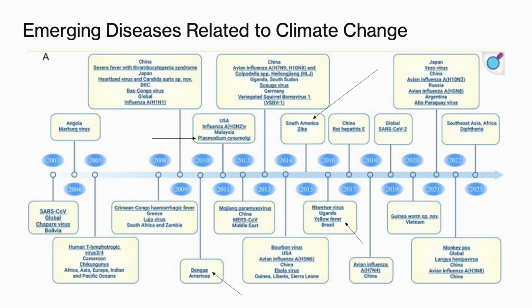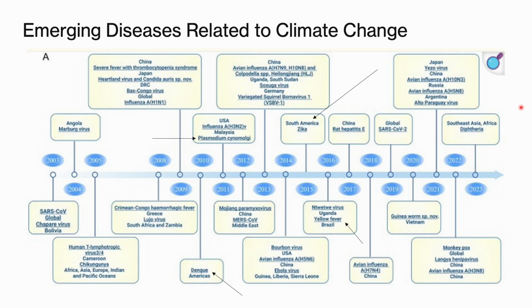As the planet warms up, these diseases are becoming more prevalent. And as you can see, it's a whole list of diseases that have occurred all the way from 2003 up until 2023. I wanted to highlight the ones with these black arrows. So Zika here in 2015, dengue in 2010, yellow fever in 2016, and plasmodium, which leads to malaria in 2011.